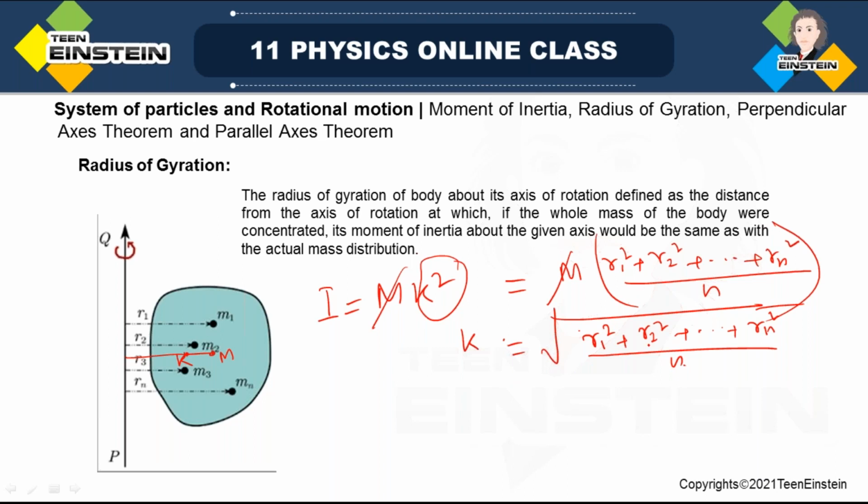So what does this mean? This is the root mean square of the distances. If we want to write the definition from this particular form of the radius of gyration.